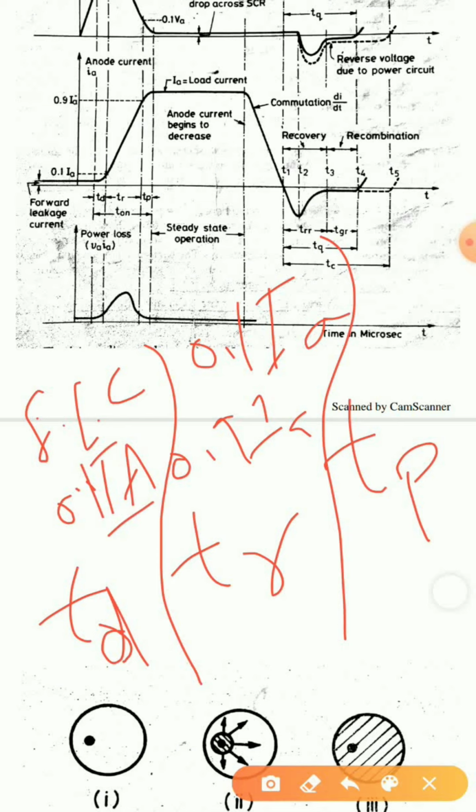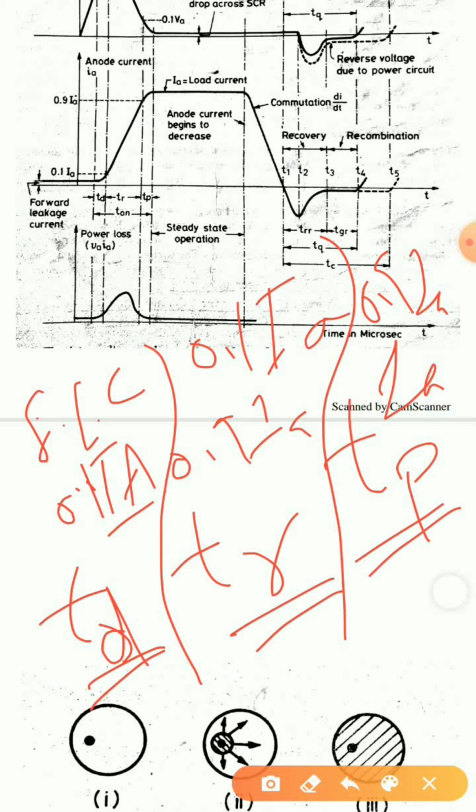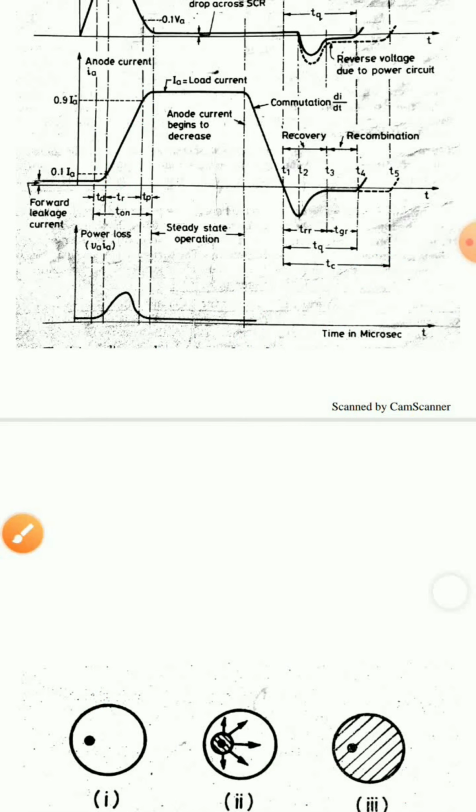Then from 0.9 IA to IA, the duration that I am reaching, I call my spread time. Easily we can remember that the on time has three durations: delay time, rise time, spread time. Delay time is from forward leakage current to 10% of my anode current. Then 10% to 90% is my rise time, 90% to 100% is my spread time.